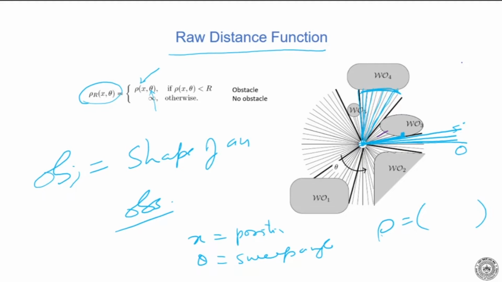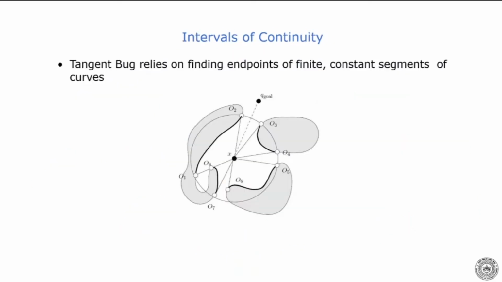Okay, so the objective of this is that the robot should be able to find out where it is with respect to the obstacles, and then find a path. And to do that, we have to first find the raw distance function. Now, as we have seen, the objective is basically to find the profile, or let's say the curves, of the object. Okay, so in this particular case, the robot is at point x.